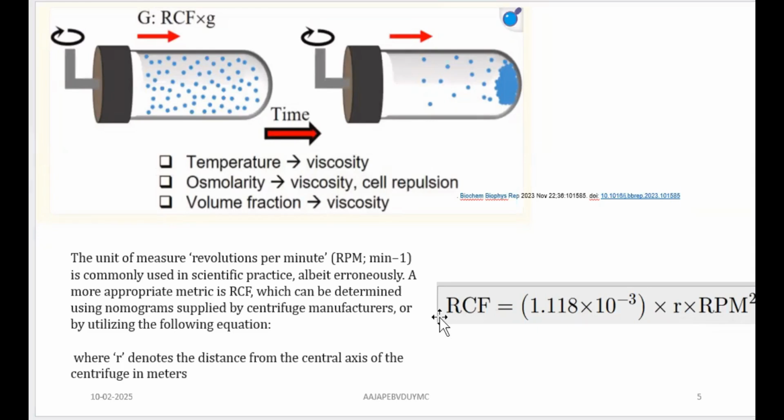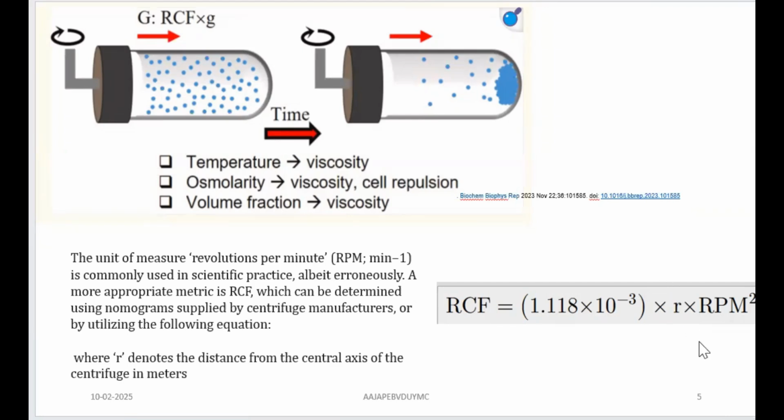So you should be able to recall this equation that tells you that R is going to be a contributing factor if you change the rotor, if you change the design of the centrifuge. So the size and design of the rotor are going to contribute variation in RCF value, because R also is going to change.